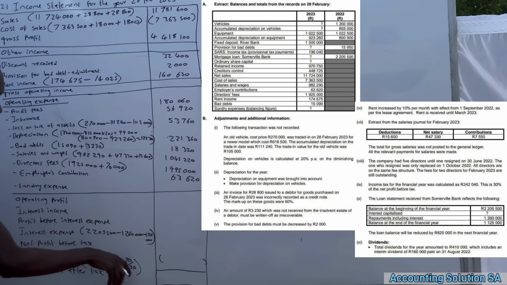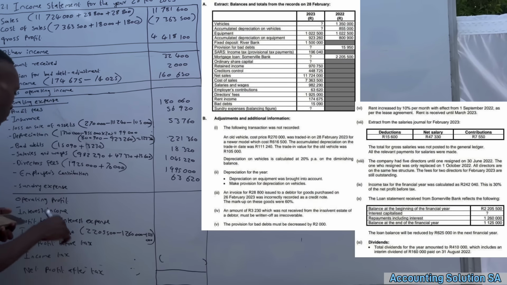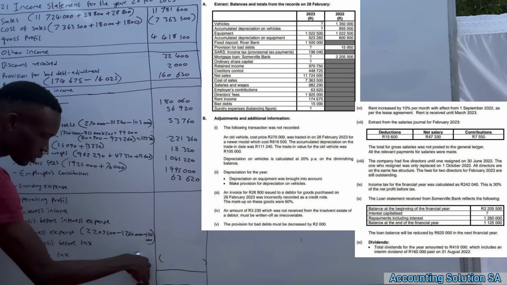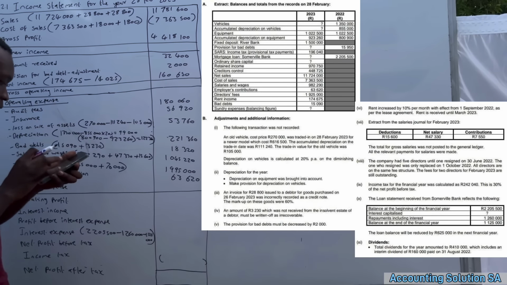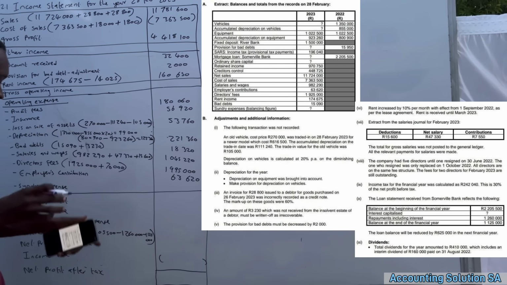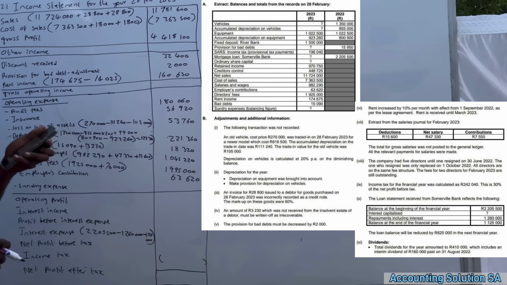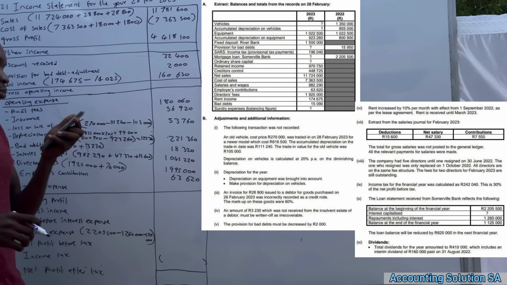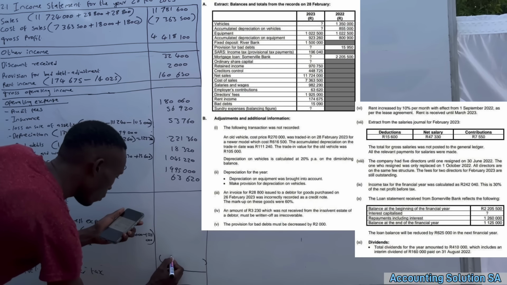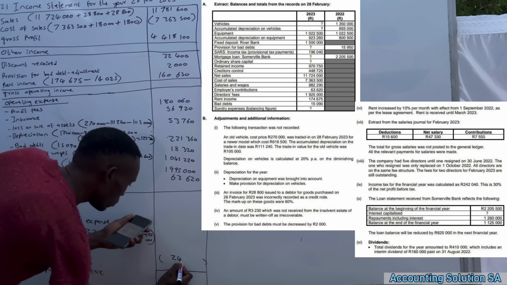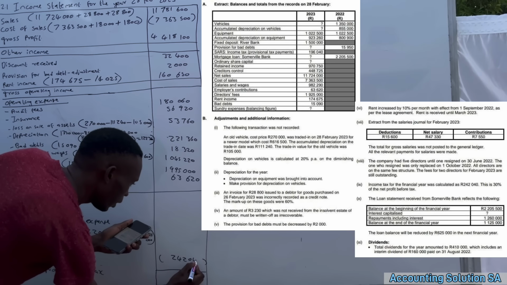as well as net profit after tax, because we have a balance of standard expense which we need to do as a balancing figure. The transaction related to this part says income tax for the financial year was calculated as 242,040 rand. So our income tax we have as 242,040 rand.